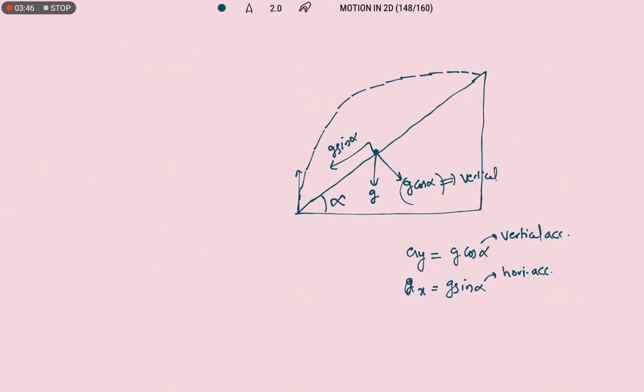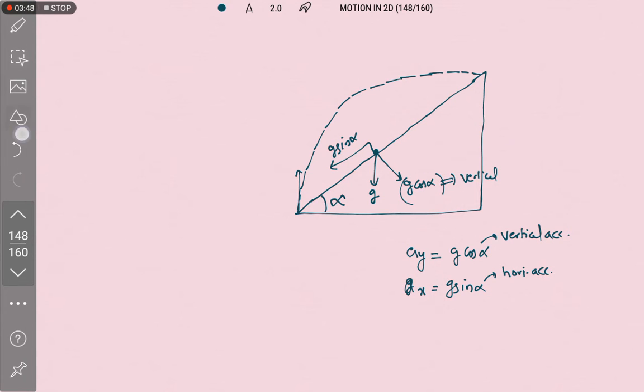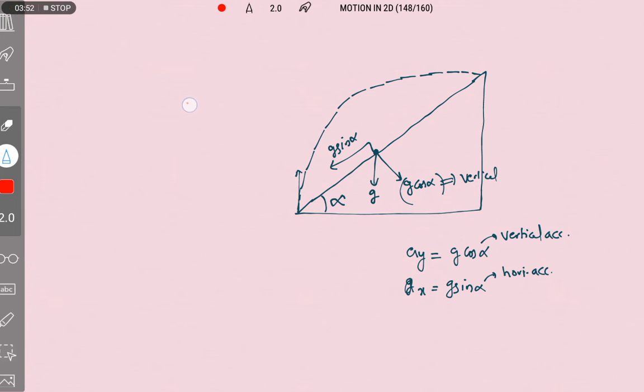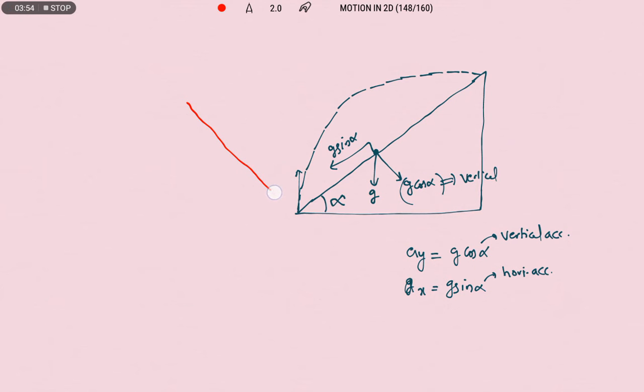Now let us attach the coordinate system to the inclined plane. From the point of projection, I am attaching the coordinate system along the inclined plane: x x dash and y y dash.